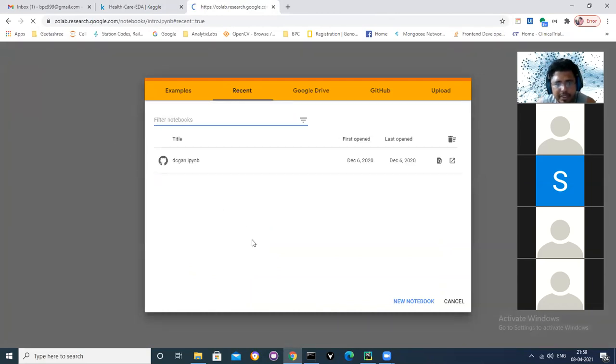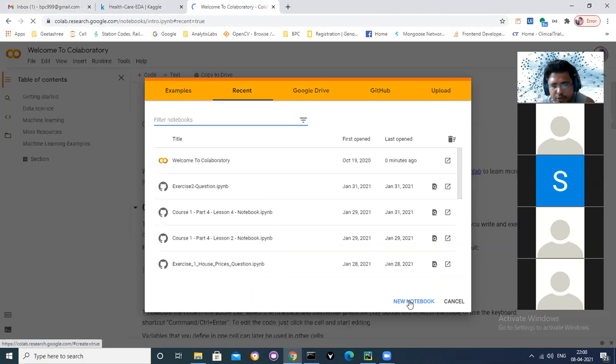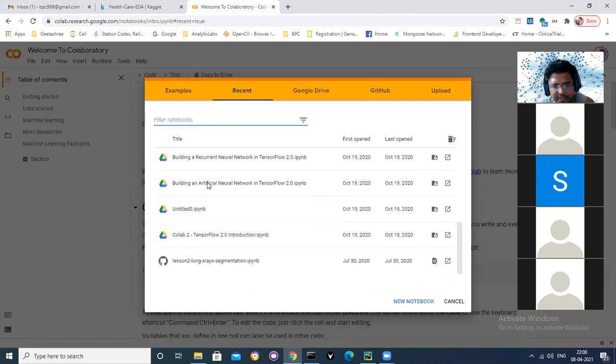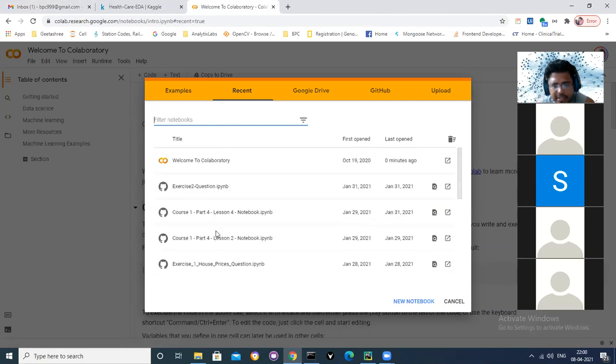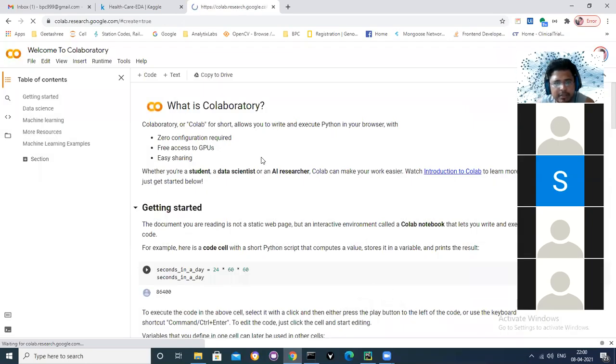I am already logged in. If you are logged in to your Google account in your Chrome browser, you will go there directly and you can create a new notebook. I have done so many things here. These are mine. You can create a new notebook here.